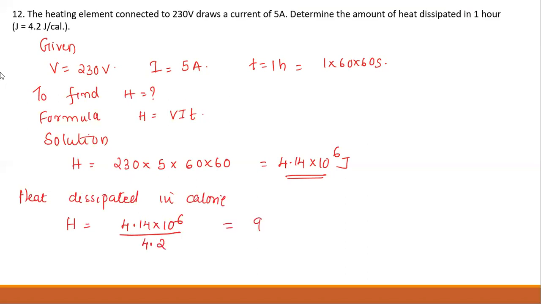On solving this, we will get 985.7 into 10 raised to 3 calorie. This is the heat dissipated in calorie. I hope you all understood.